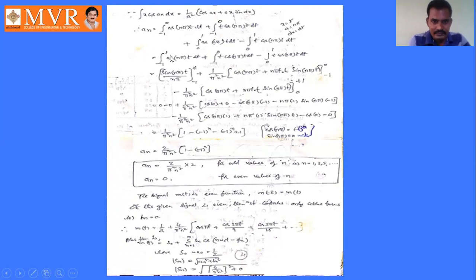So this will become integral minus 1 to 1 cos n pi t dt plus integral minus 1 to 0 t cos n pi t dt minus integral 0 to 1 t cos n pi t dt. Integral cos theta d theta is sin theta, so it is sin n pi t by n pi with limits minus 1 to 1, plus 1 by a square, that is 1 by pi square n square, into cos ax plus ax into sin ax with limits 0 and minus 1.